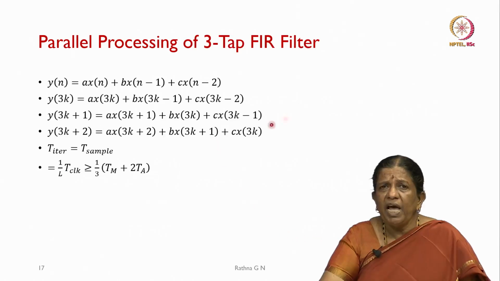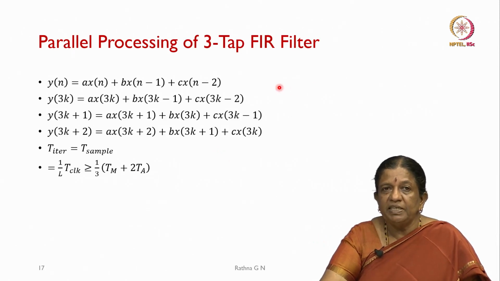Then what happens to my input and output representation? The original is y of n equals a into x of n plus b into x of n minus 1 plus c into x of n minus 2. When I pass this through 3 parallel sections, the output is y of 3k, 3k plus 1 and 3k plus 2.